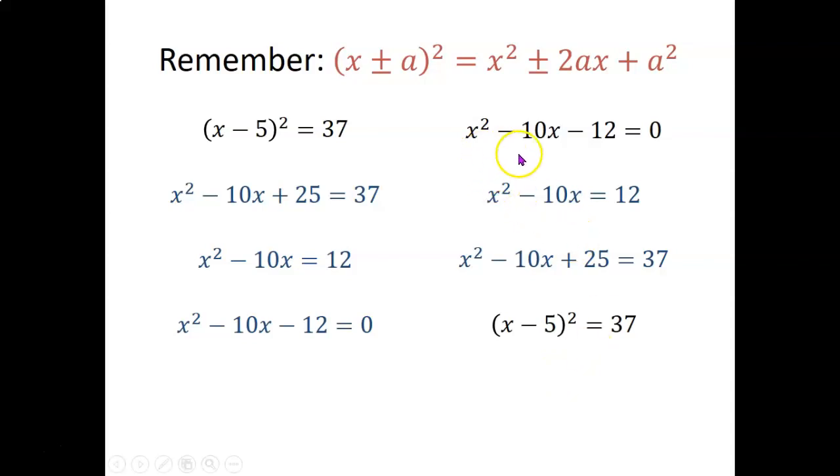So completing the square is basically the process of getting from something like this down to something like this. To turning what we have here into something that involves a perfect square of something, so that we can then go ahead and solve for x by the square root method.